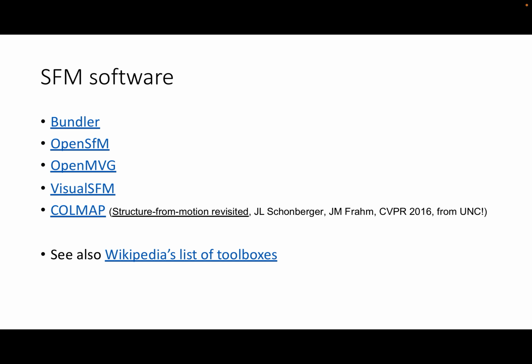And structure from motion is still widely used these days. Actually, COLMAP is from CVPR 2016. I'm not sure, maybe some of you have heard of 3D Gaussian splatting. 3D Gaussian splatting requires input from COLMAP.